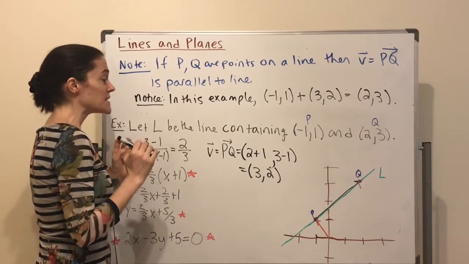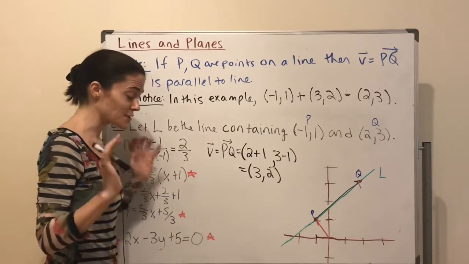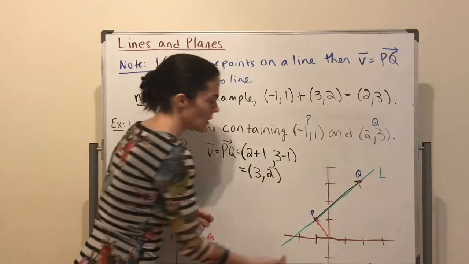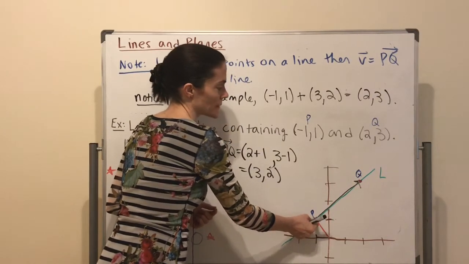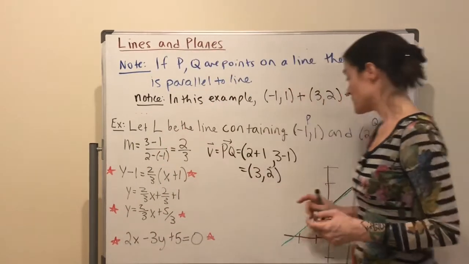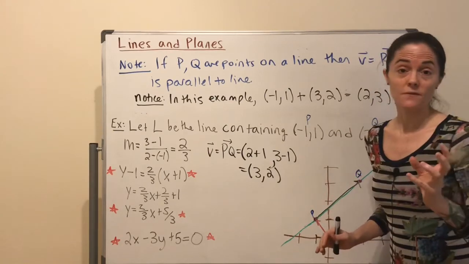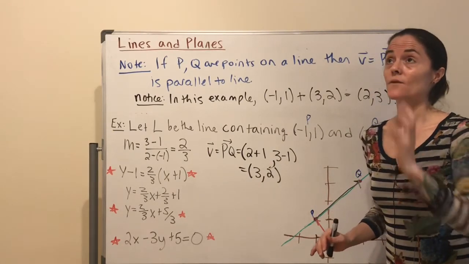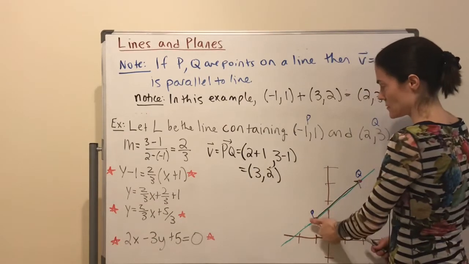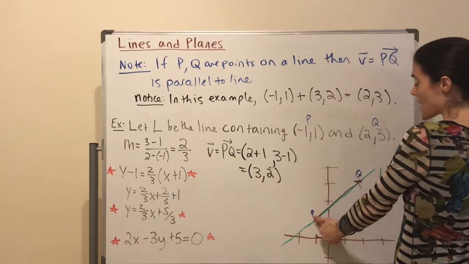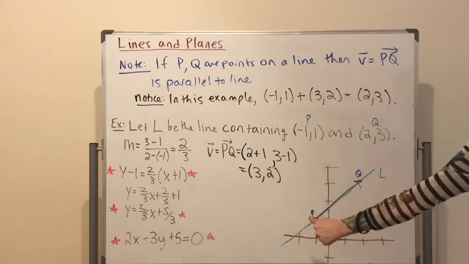Now, this is going to allow us to write everything on the line in vector form because we take this vector, minus 1, 1, but now instead of adding the vector v, I can take some multiple of v. First of all, let's think about positive multiples. So I take this, minus 1, 1. I add positive multiples of v, and this is going to fill out all up here, right?